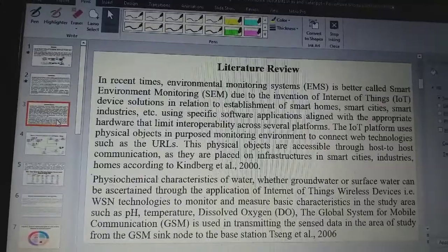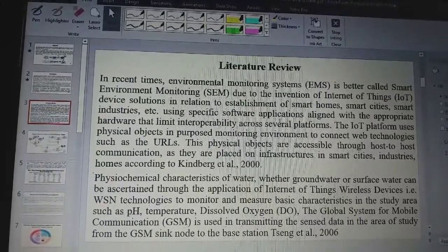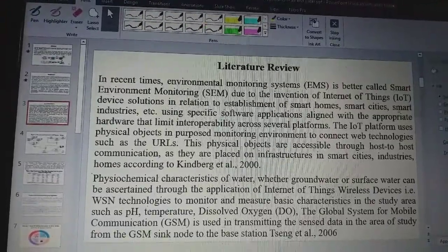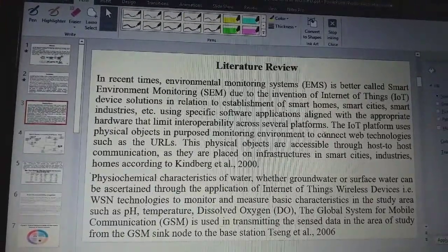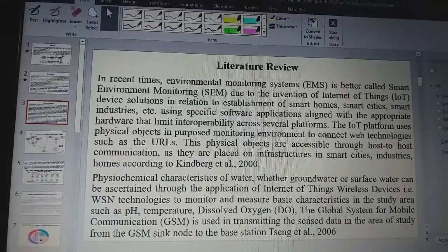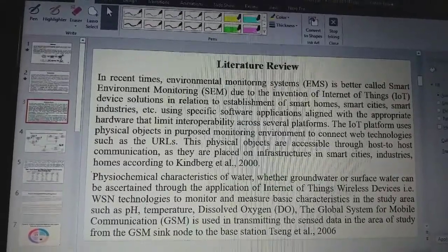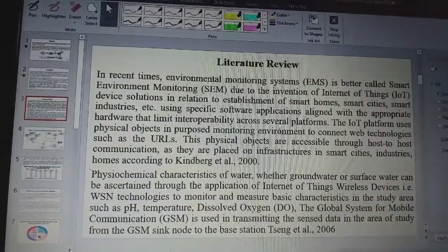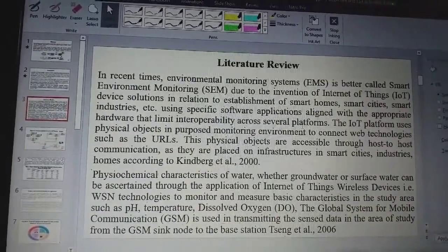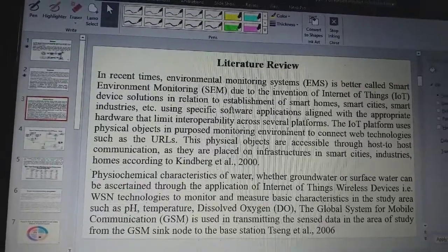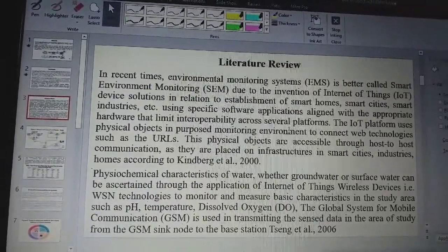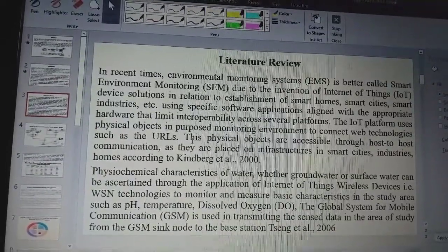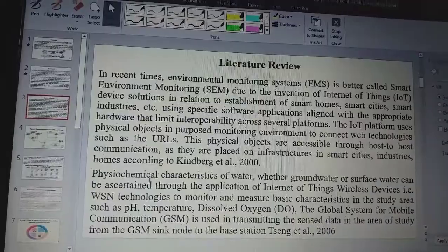Now we have the literature review, which will talk about the IoT being a smart environmental monitoring device, which uses application of specific software. The one that is much prominent in this study is the Arduino UNO. There's this connection, which is more or less like hardware connections, software connections in smart detection of some of these pollutants.